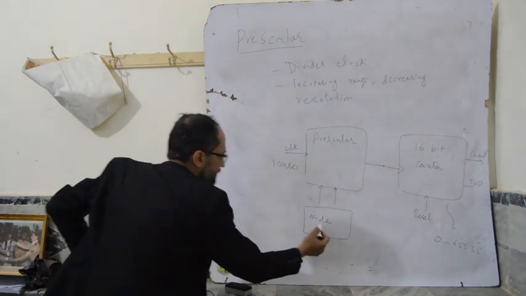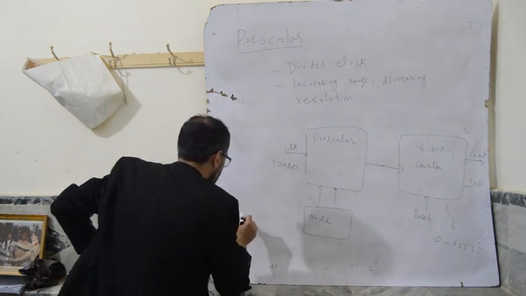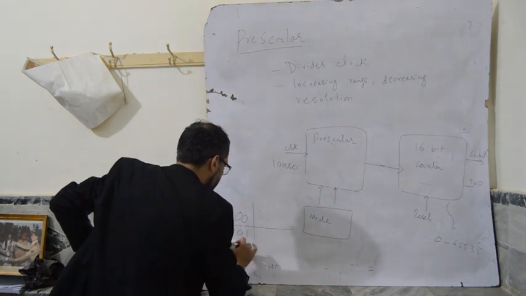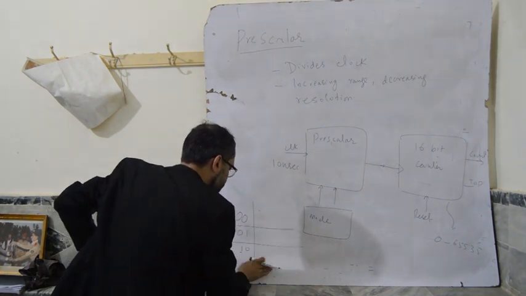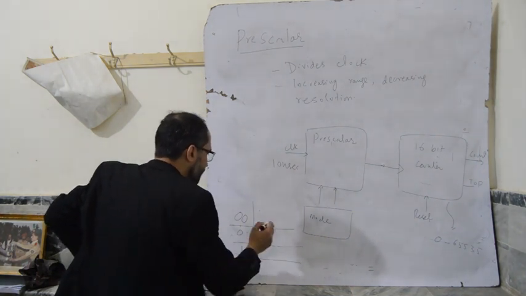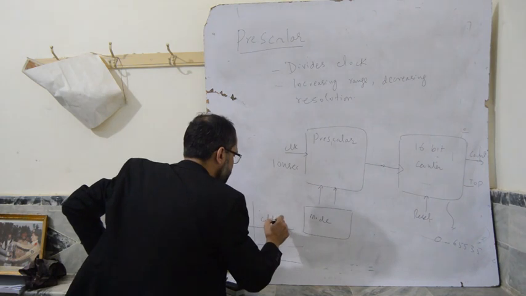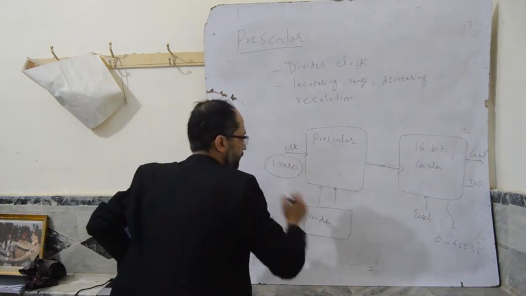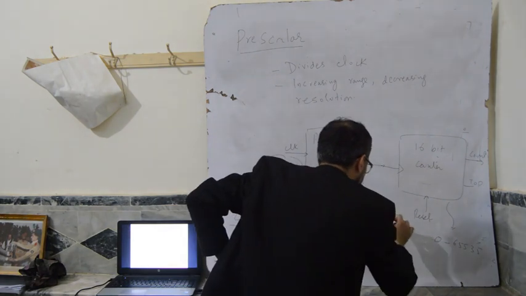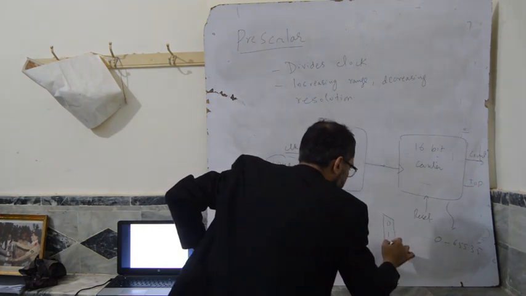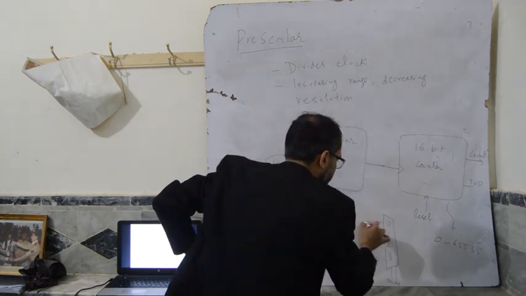So let's assume that this mode is a 2-bit signal, so this is 00, 01, 10, 11. If the mode is 00, it will use the clock. The clock means that now the duration is 10 nanoseconds. Let's assume this is the mode, and now we have 0, this is 1, this is 2, this is 3.